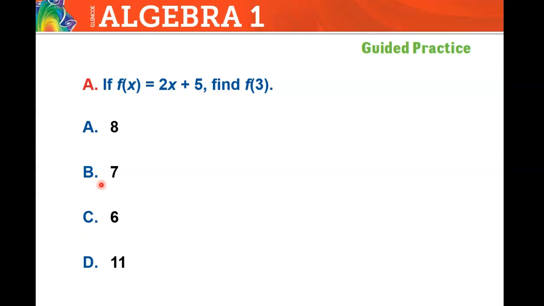Let's try one on our own. If f of x equals 2x plus 5, find f of 3. So 2 times 3 is 6. 6 plus 5 is 11. Answer D. Next, f of negative 8.